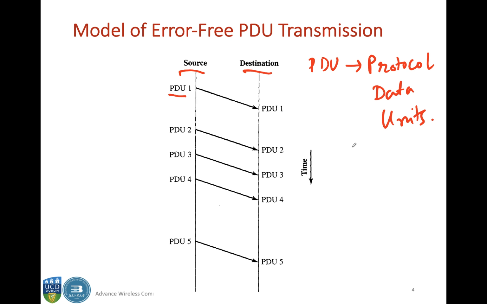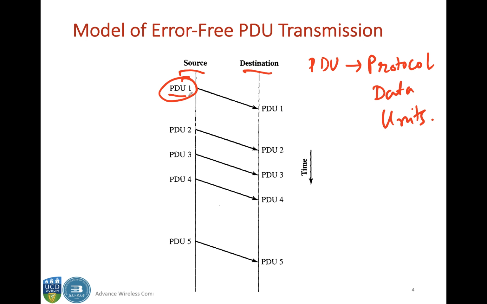Basically these are the actual messages that are divided into different packets, as you would normally do for a packet switching system, and then additional headers and frames are added to those packets, and they form these protocol data units.